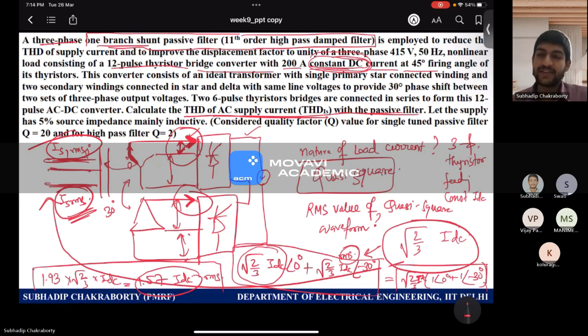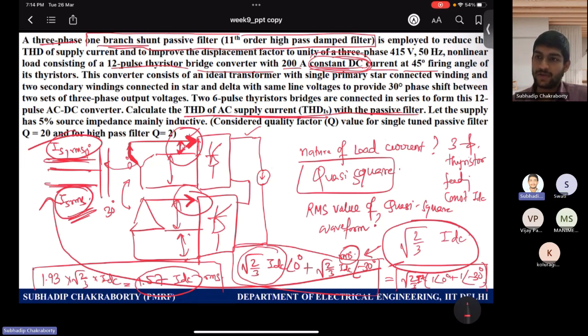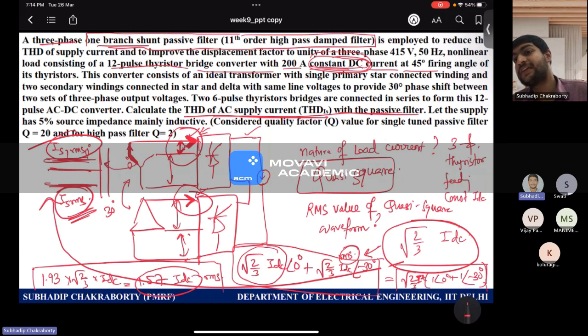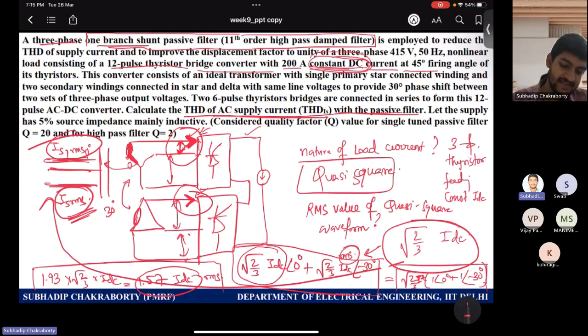First, with the knowledge of the quasi-square waveform, I know the RMS value. But I should also take into account the phase shift, because you need to understand that transformation happens phase to phase. So this phase and this phase will all be co-phasor, with no phase displacement.